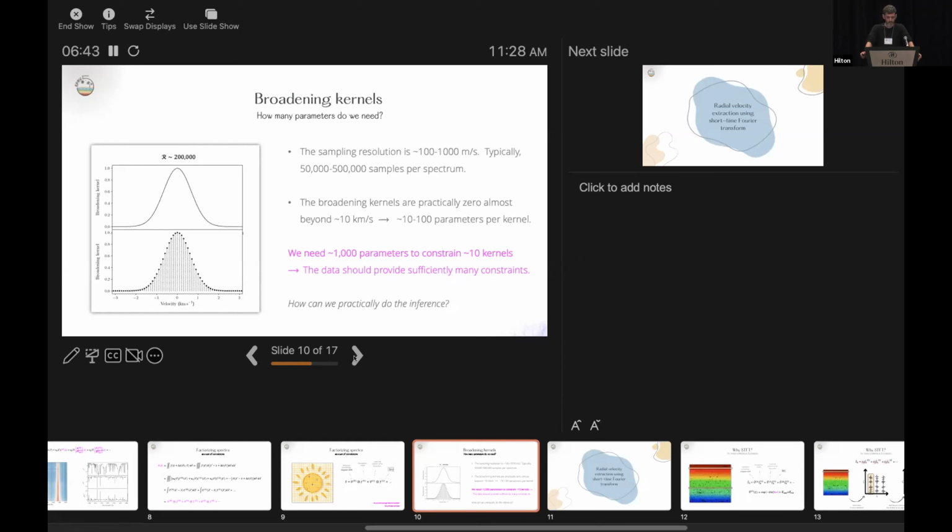And it means that per kernel, we need to constrain up to 10 or 100 parameters, depending on the sampling. Even if we have, say, 10 kernels, we still have enough data to fit everything. And this establishes that inference is possible, even if we fit 10 kernels, several high order terms, but it doesn't tell us how to do that.